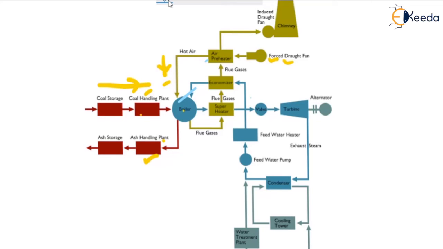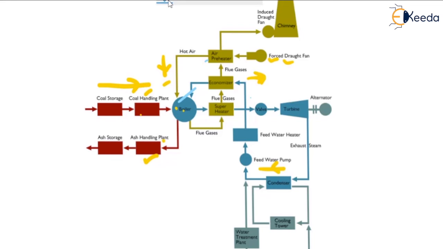And now what is the work of the economizer? The economizer in a thermal plant works as a waste heat store, which is further used in preheating the feed water of the boiler. Basically this is the work of the economizer. So what is happening exactly: the coal is coming here, and one more thing, the water is coming from here through this feed water pump and feed water reheater.